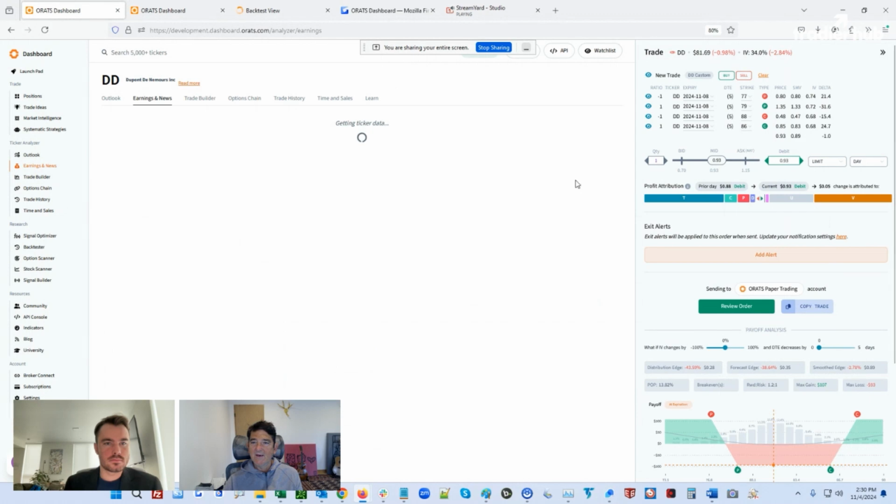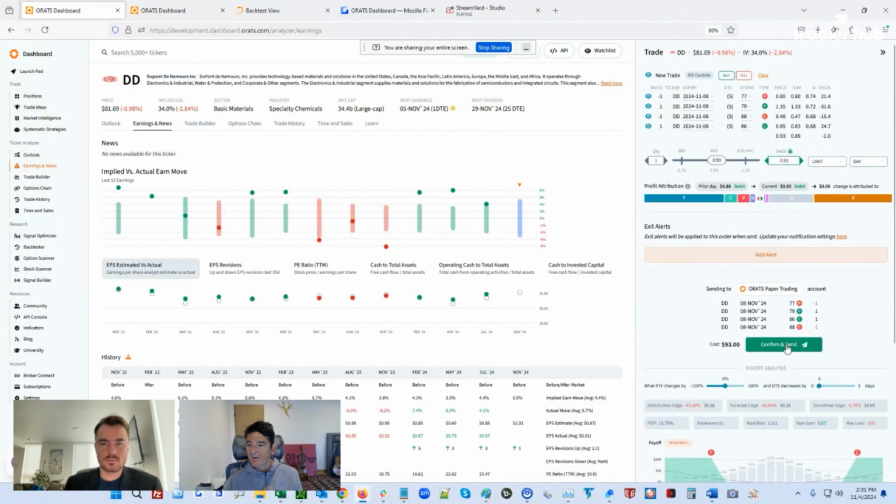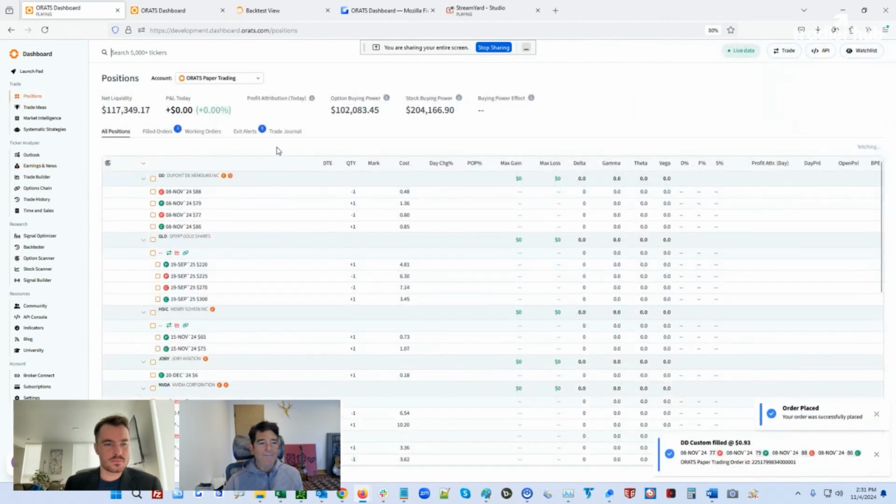So this is DD now. This one looks pretty good. All right, let's see if we can get this one to trade. If we force it, it has to equal the 93. Yeah, that's right. All right.